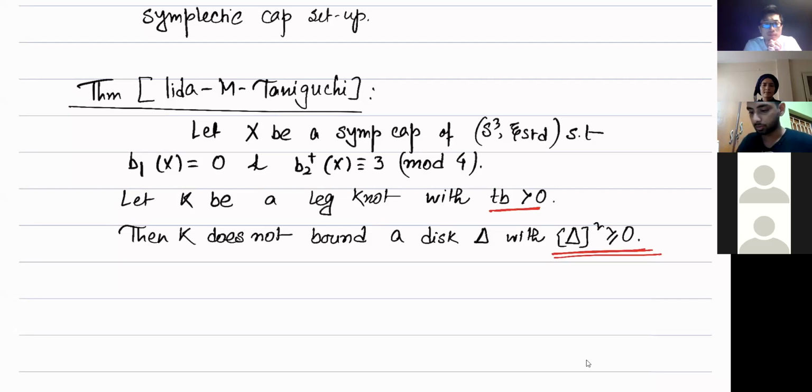In the above result, you can see two mysterious conditions.